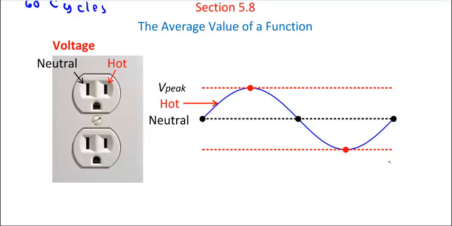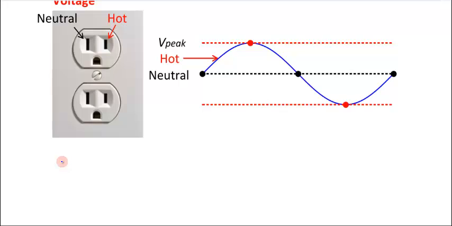And so what we would like to calculate is this peak voltage. The 120 is what's known as an RMS. And what that stands for is root mean square.